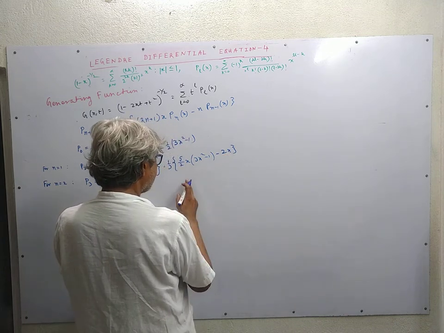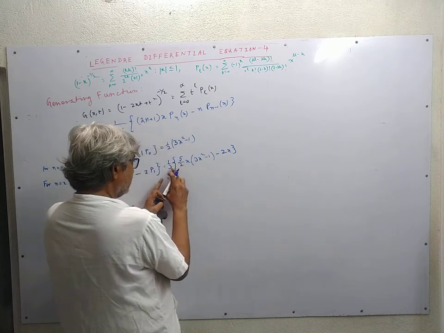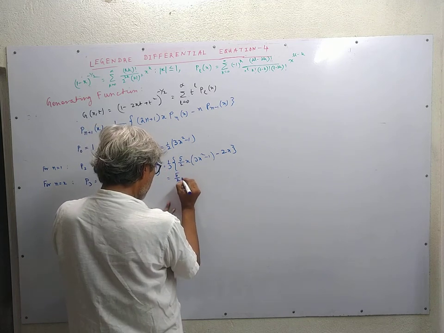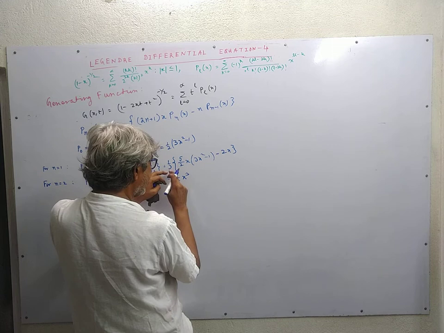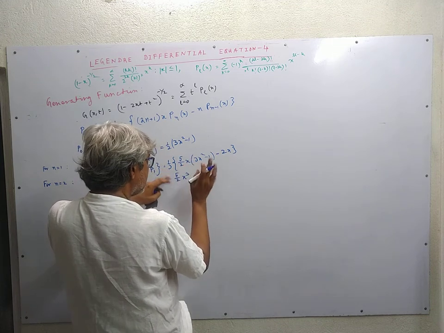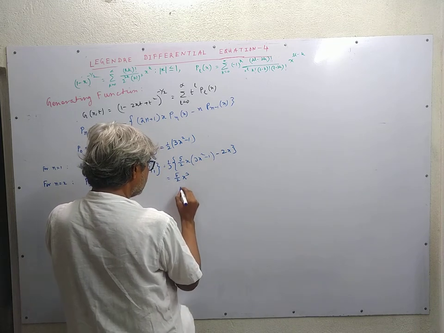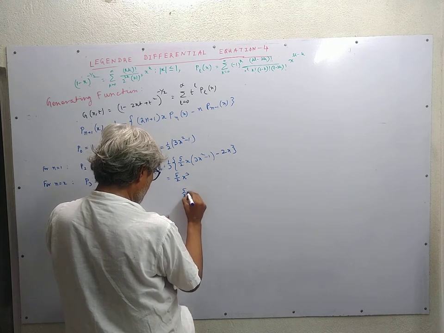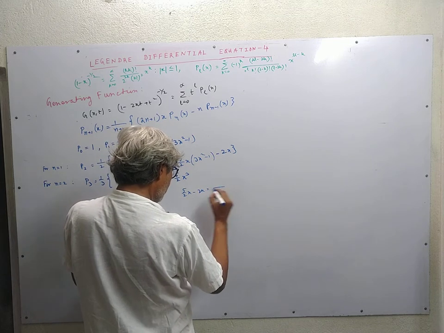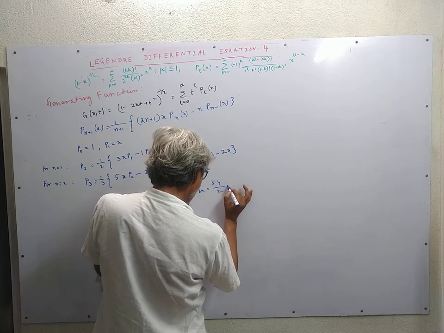On simplification, the x cubed term is 5/2 x cubed, 5/2 x cubed, and coming to the x term, this is 5/2 x minus 2x, so taking 2 common, this is 5 minus 4.